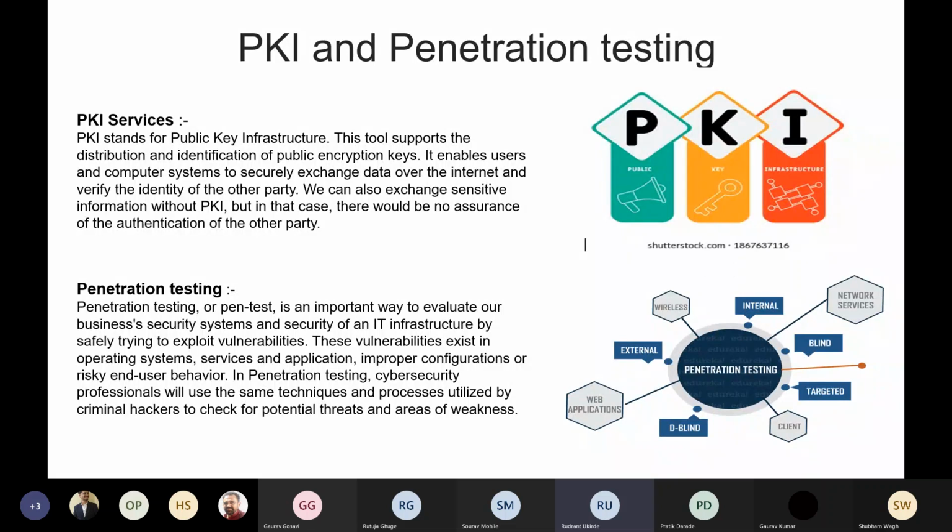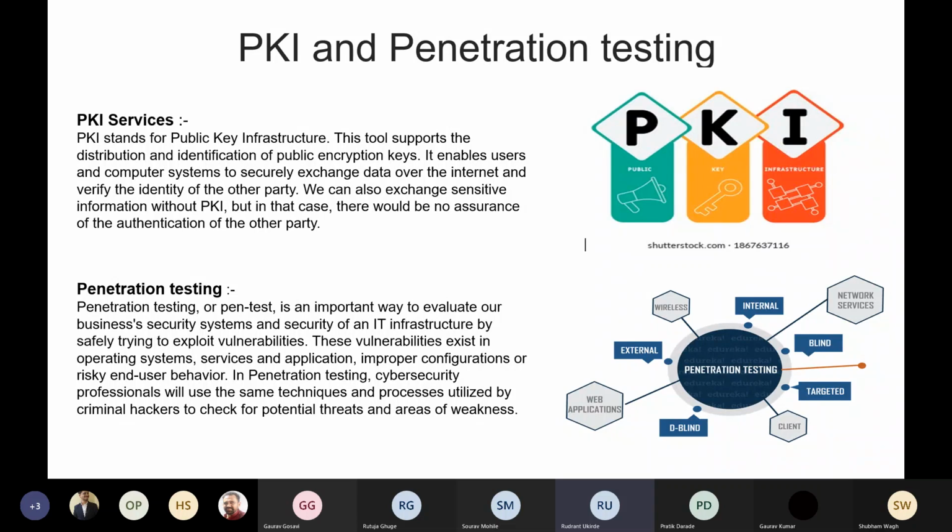And lastly, the last cybersecurity tool is penetration testing, or a pen test. It is an important way to evaluate a business's security systems by exploiting vulnerabilities. These vulnerabilities exist in operating systems and our IT infrastructure.